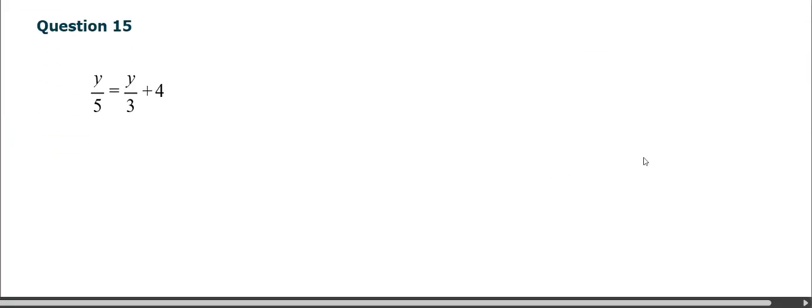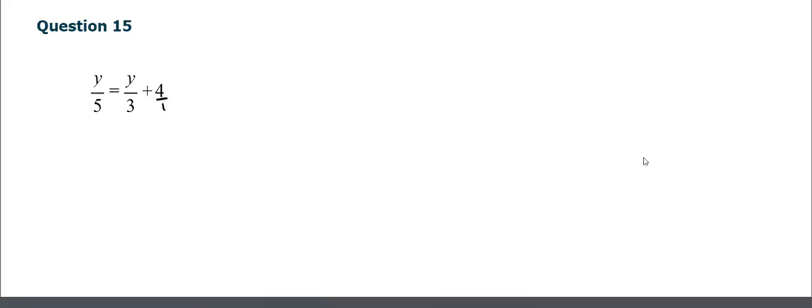Our next example. So in these, there's more than one way to work the problem. For me, what I do and I suggest is clearing the fractions by multiplying by the least common multiple or the common denominator. So when we look at our denominators 5, 3, and 1, our common denominator is 15.